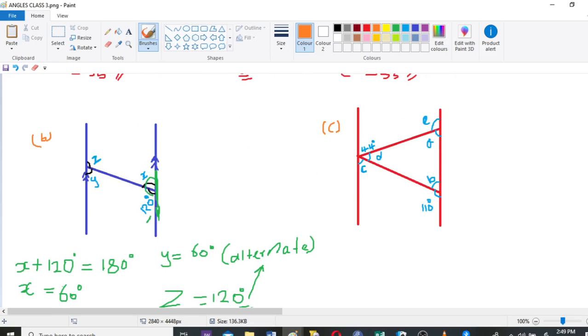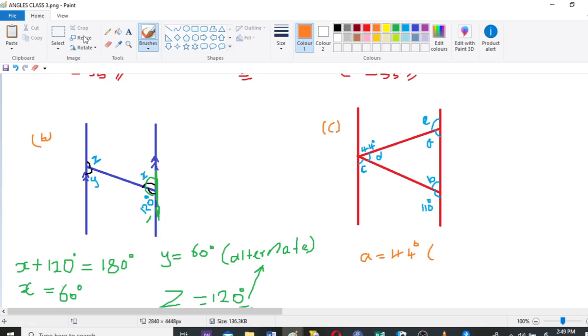What we have is we need to find the value of A, B, C, D, E. So let's start with the value of A. The size of angle A is nothing but 44. Why? They are alternate angles, interior alternate angles. So the reasoning is just the same.